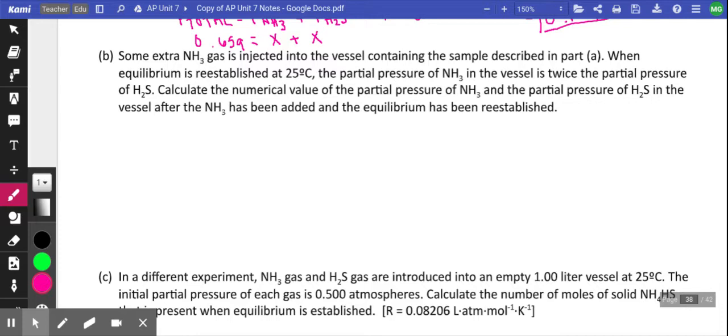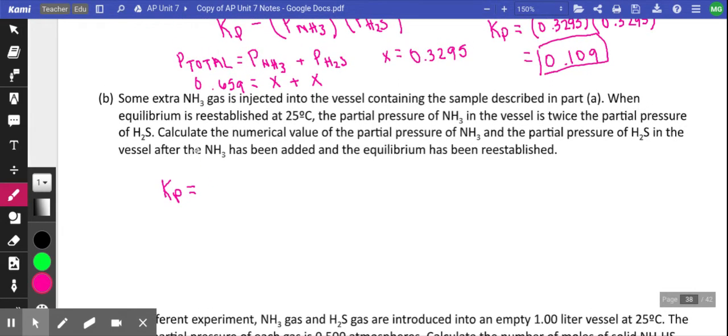We know that the value of Kp does not change when I'm changing anything else here. The only thing that changes the value of K is a change in temperature, and I'm not changing my temperature here. So I know that Kp is still going to be what we calculated in the last problem, equal to 0.109.